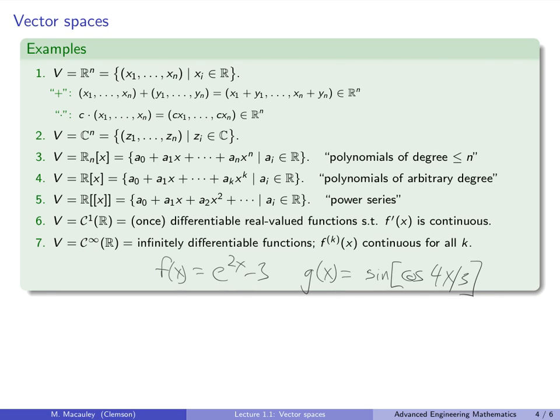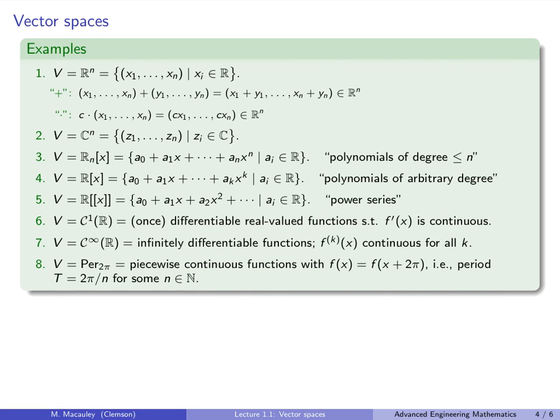If you take either of these and you multiply by a scalar, you get another function in C infinity. So here, these really don't look like vectors, but since this is a vector space, we are abstracting the notion of vectors from up here. These things are vectors, and the real numbers are scalars.